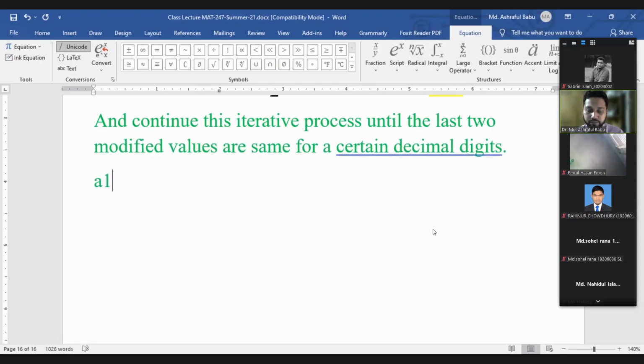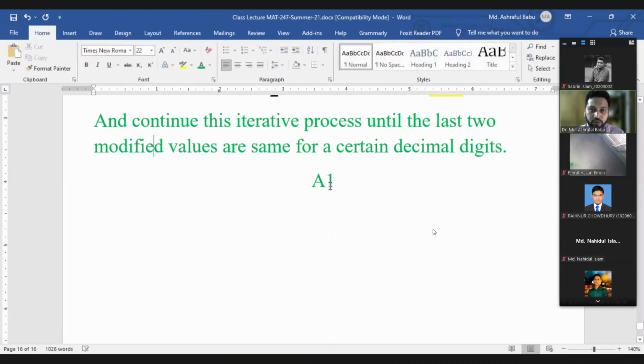Say you find A1 equal to 2 point something, and you also find A2 equal to 2.23.